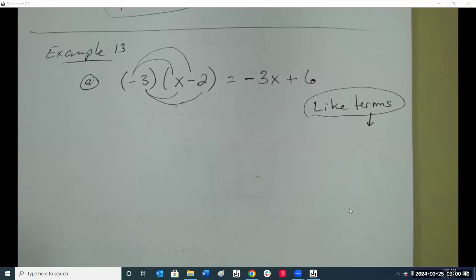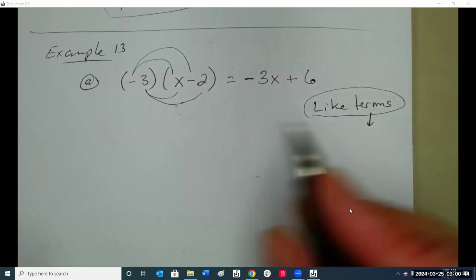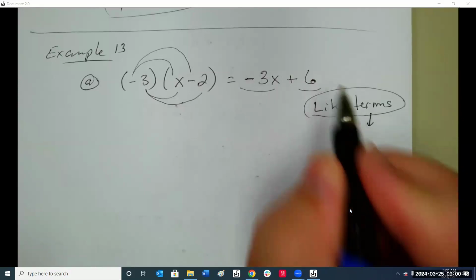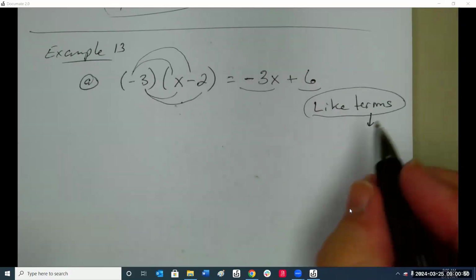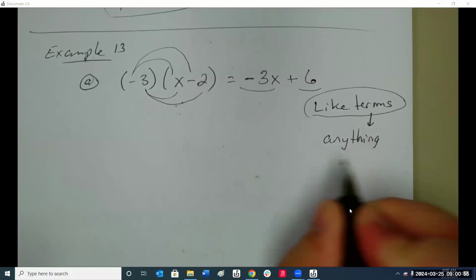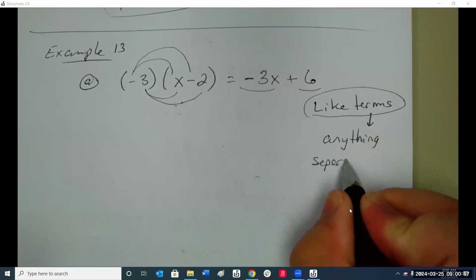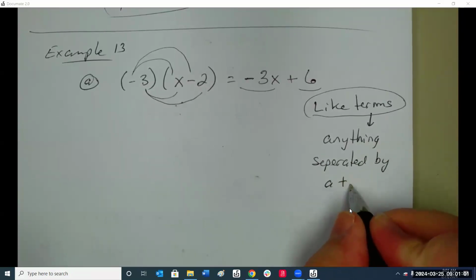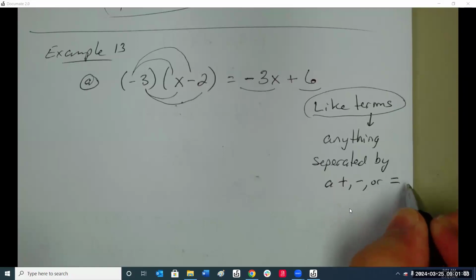What's a term? Like for this example, we have 2 terms. It's anything separated by a plus, minus, or equals.